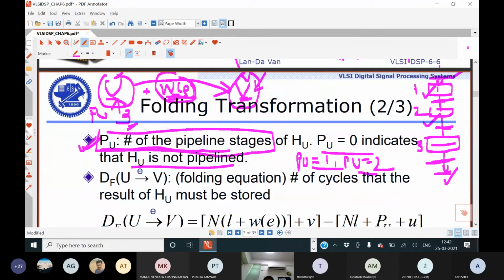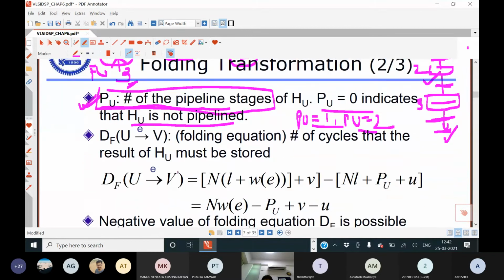So P U decides the number of clock cycle delays you can have. Plus this W E is very important. This W E decides after how much time the input of V is applicable, because once the input of V is applicable, then I can start the execution of V.